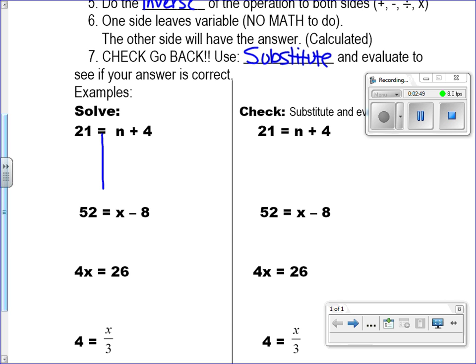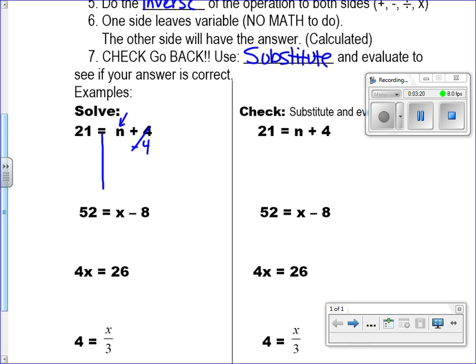Now, we've identified our variable n. Variables always want to be on the side by themselves, so we need to get rid of any other numbers on the same side. So I need to get rid of plus 4. Just like when we're doing zero pairs, in order to get rid of that plus 4, I'm going to subtract 4.